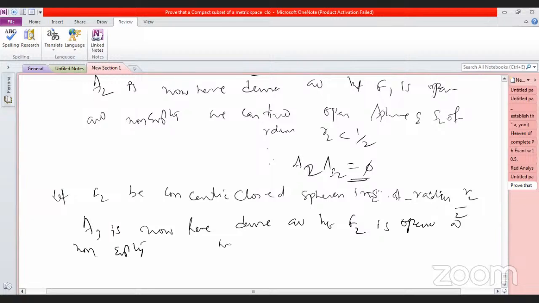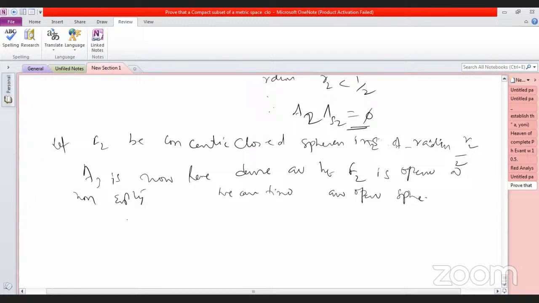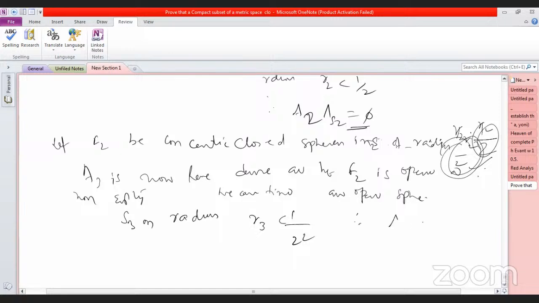So we can find an open sphere S3 of radius R3 less than 1/2 squared, because here we took 2, that is R2 into 1/2. Here R3 is less than 1/2 squared, and such that A3 intersection S3 is not equal to empty. Clear?